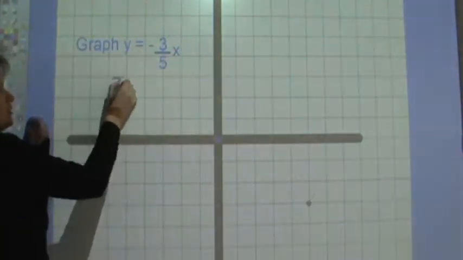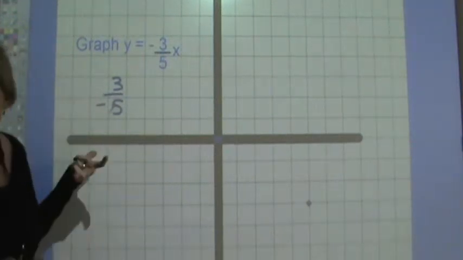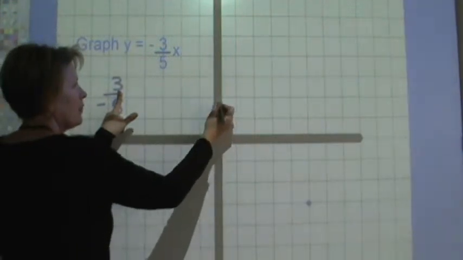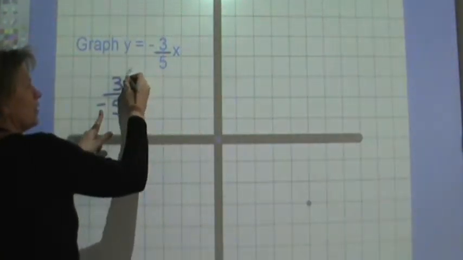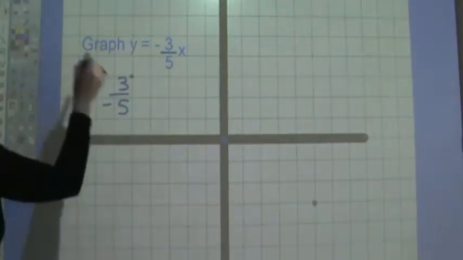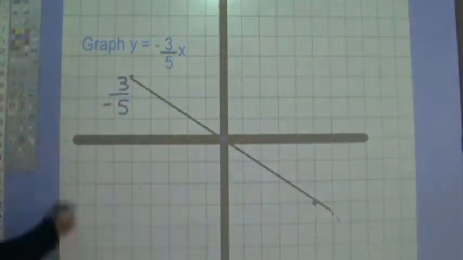This can also be written as 3 over -5. Your negative can go top, bottom, or out front, doesn't matter, but we do have to use it in one place. So if I go up 3, then I have to go back 5. Then draw our line, a straight line through the origin.